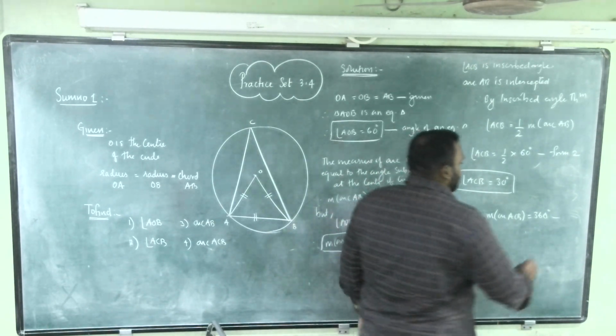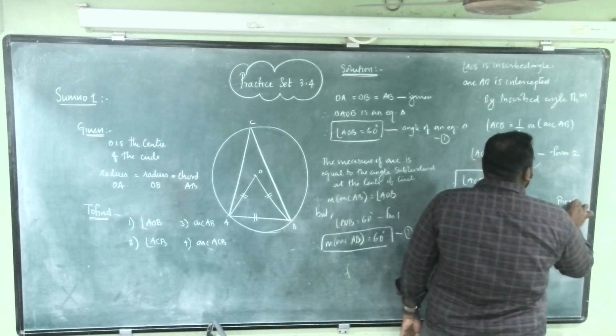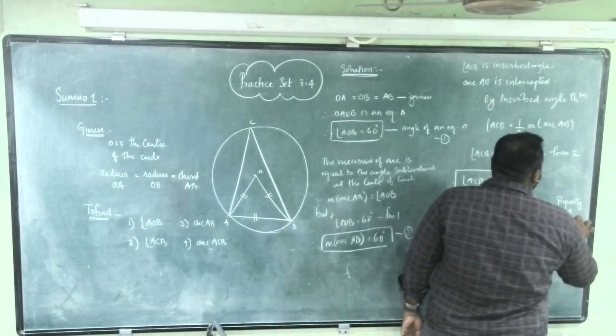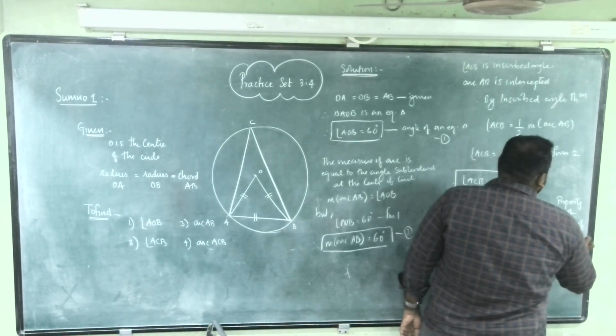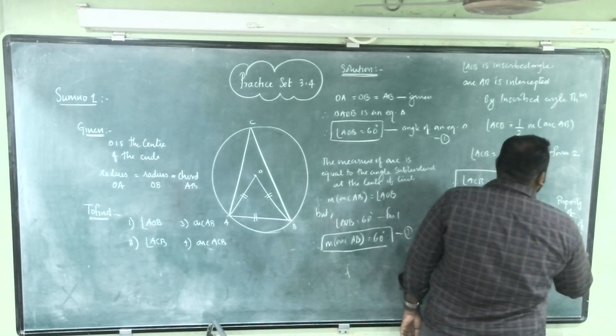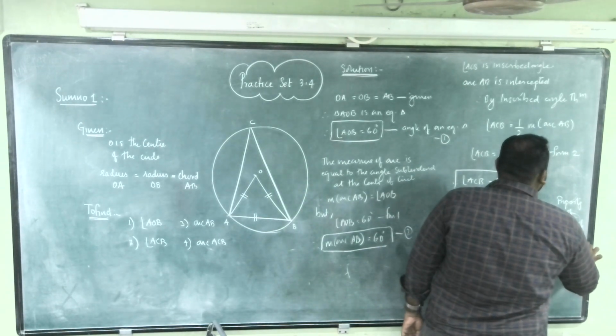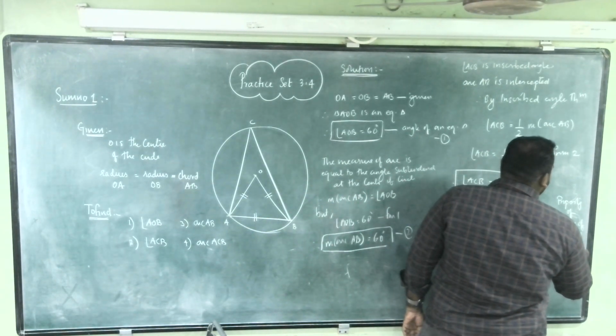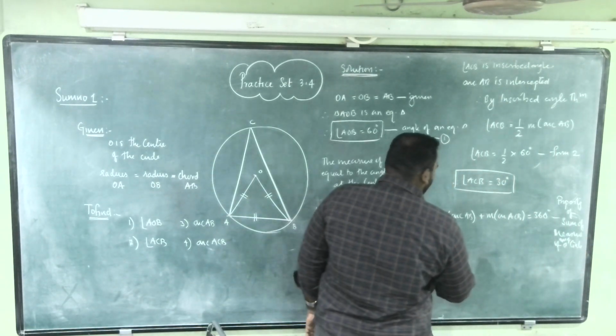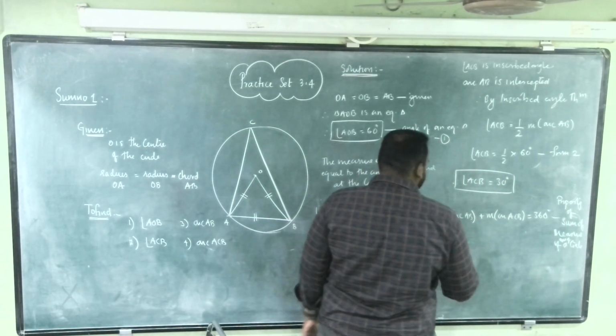Find the property of the sum of the measure of arcs. The measure of arc of a circle. Therefore, AB is how much? 60.